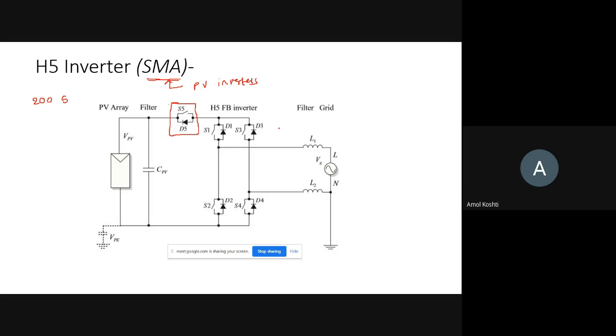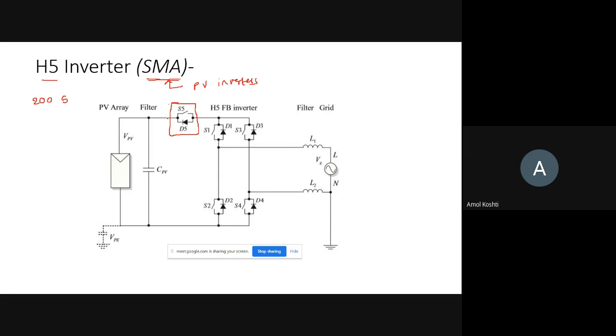Once one more switch comes into the series, the switching will change. Why is it named the H5 inverter? It is named so because there are five switches we are using: S1, S2, S3, S4, and S5.